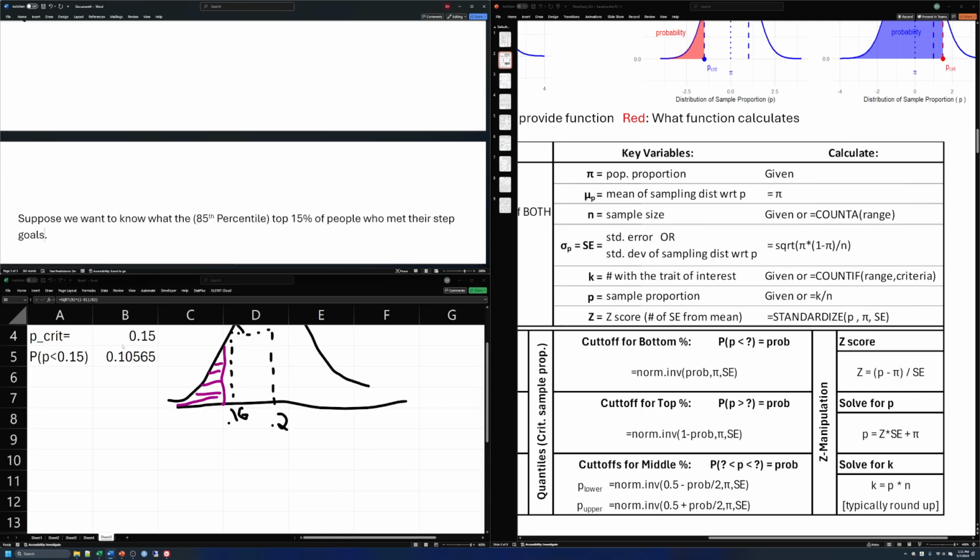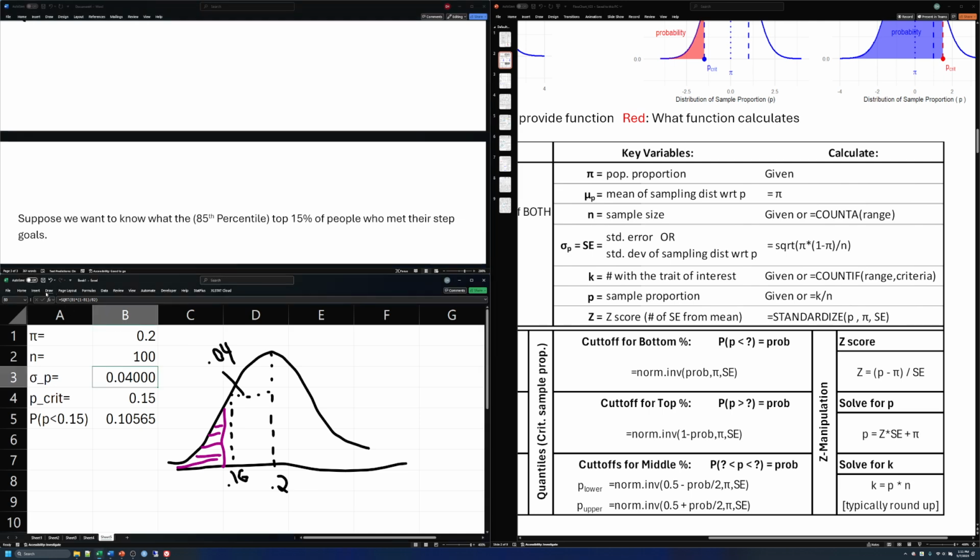Okay, so if I draw on this one, if I want to know where the top 15% is, let's shade it in. I'm interested in shading this top 15%, and I want to know where this critical point is.